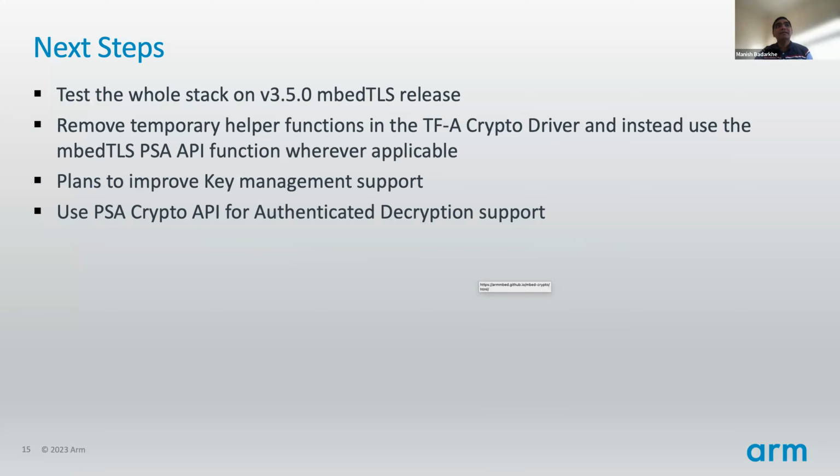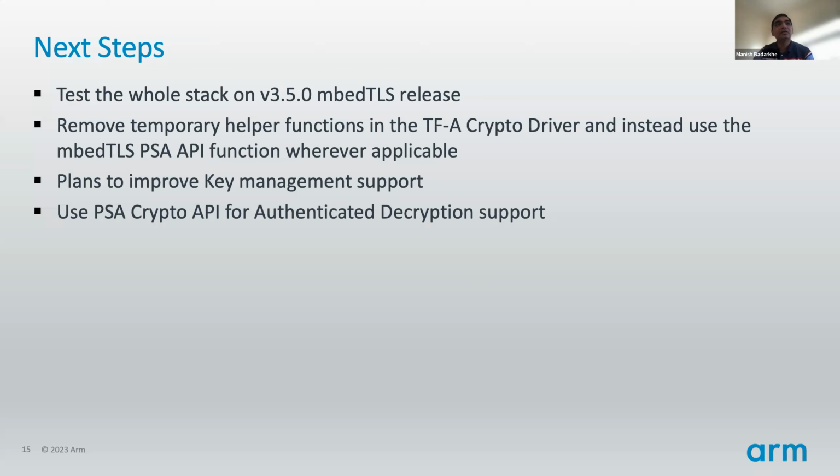The next step is to get this whole stack tested on version 3.5.0, which is the latest release from Mbed TLS. We have created some helper functions to convert the DER-encoded data to raw data in the case of ECDSA verification.